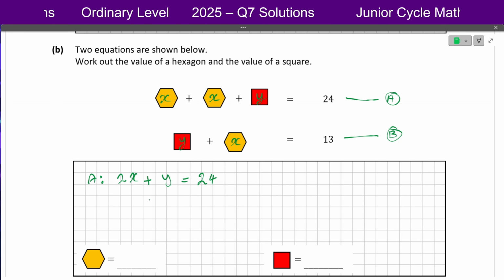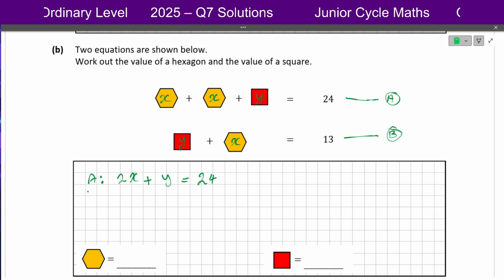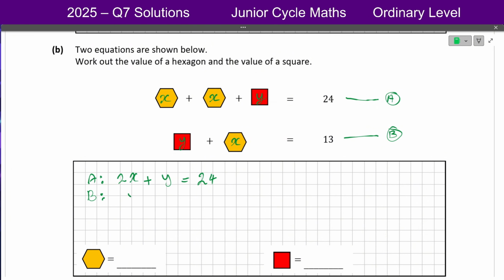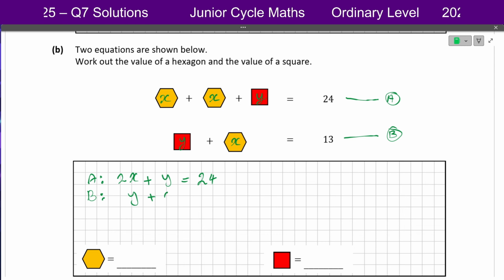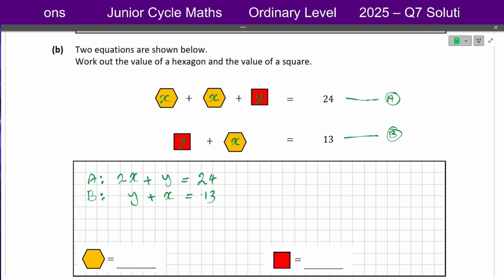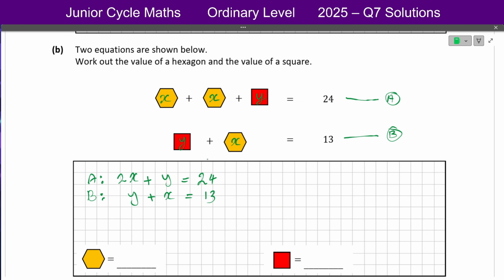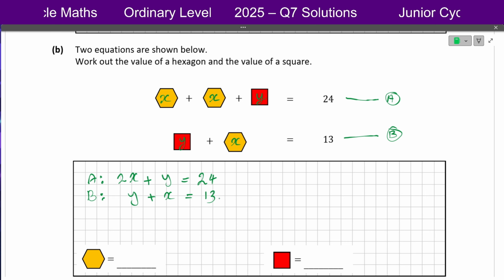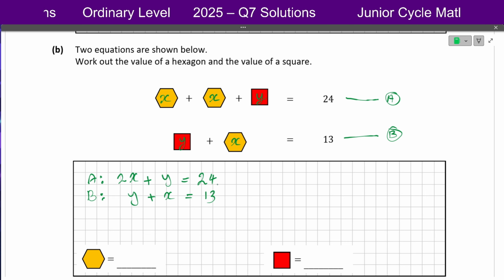So that's the first equation. And from b, we have y plus x equals 13. So now to solve these two equations, we can subtract the second equation from the first equation.